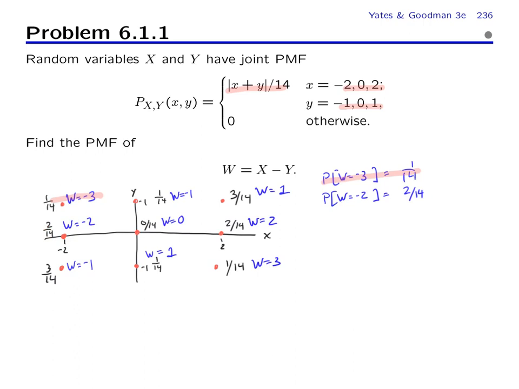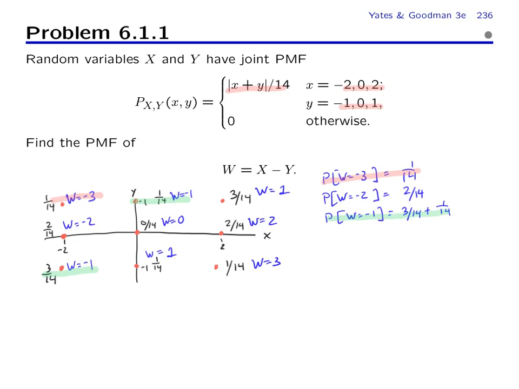Moving on, we have the probability w is minus 1 is equal to 3/14ths plus 1/14th. And this corresponds to this possible xy pair generating w equals minus 1, and this xy pair generates w equals minus 1.